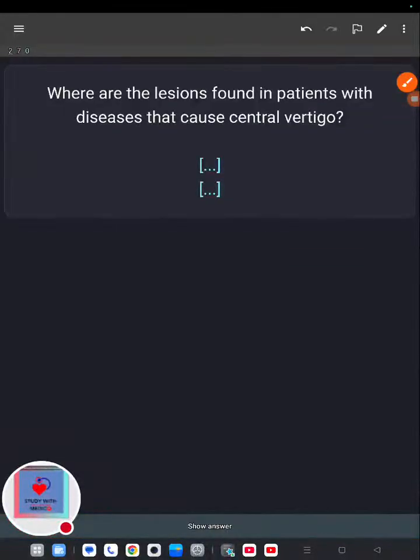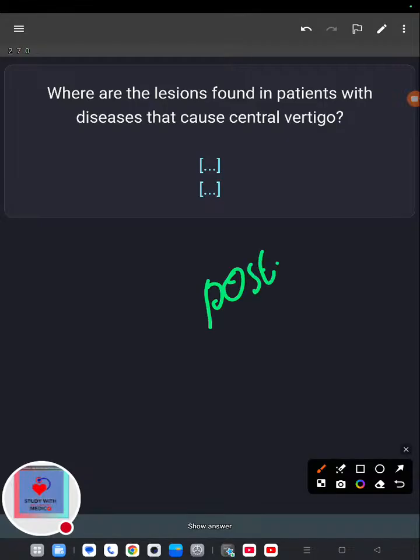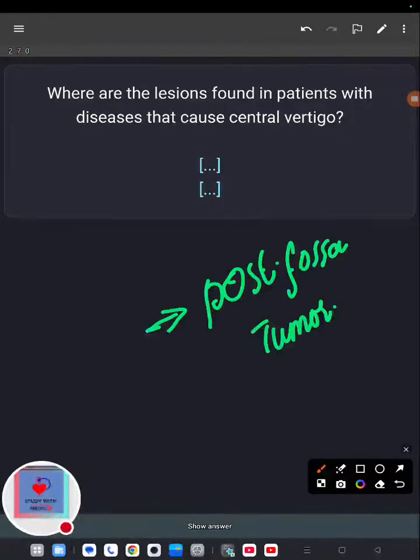What are the lesions found in patients with disease that cause central vertigo?